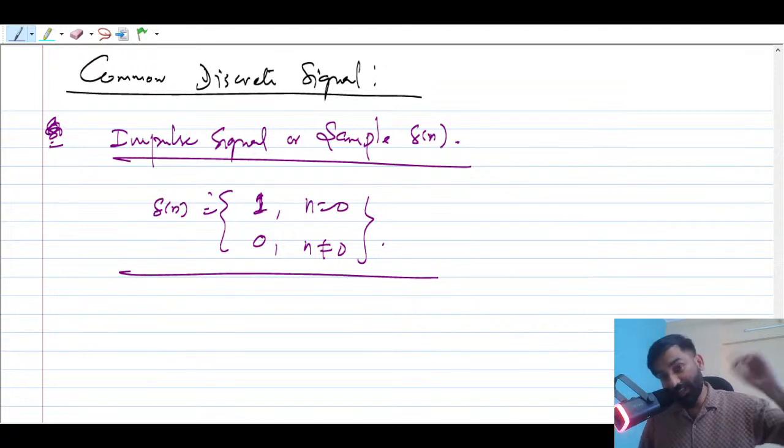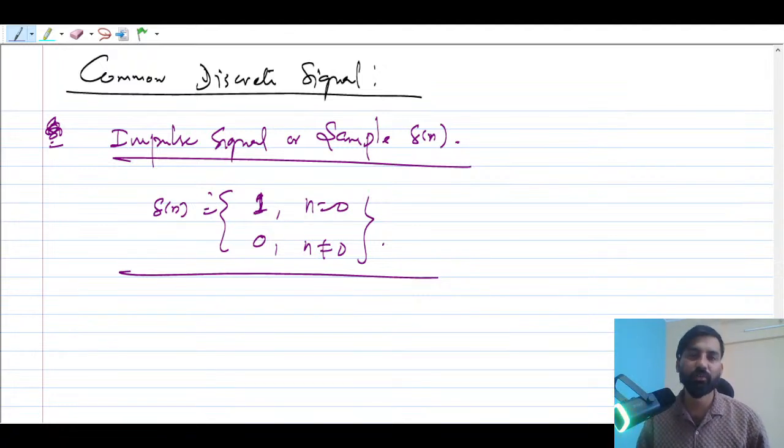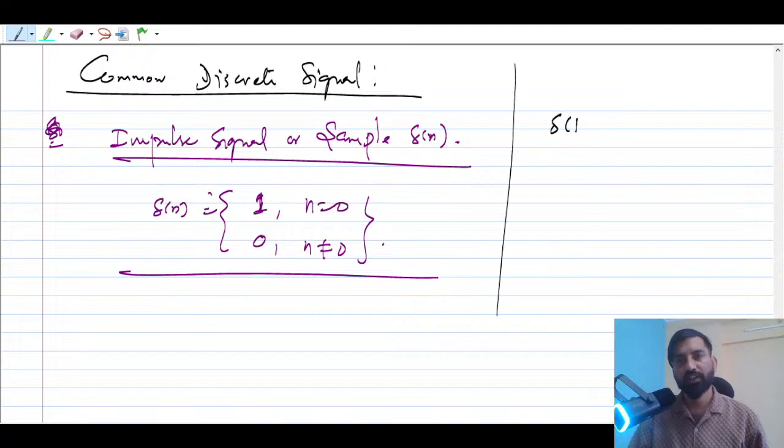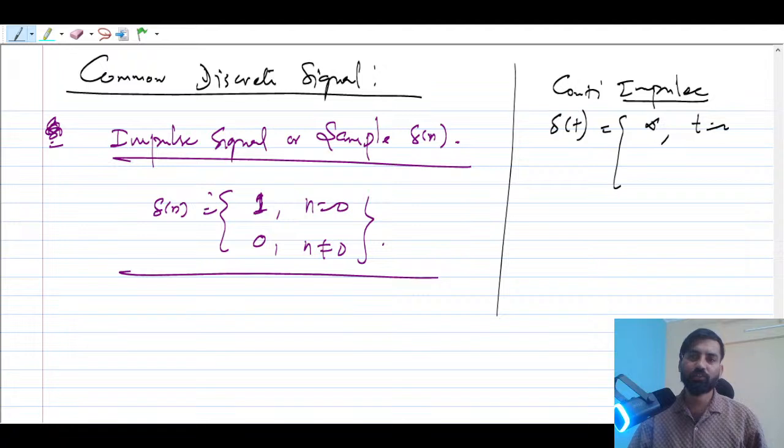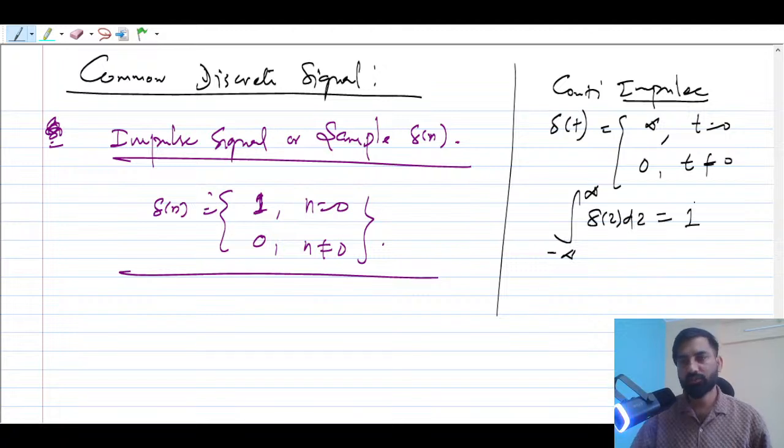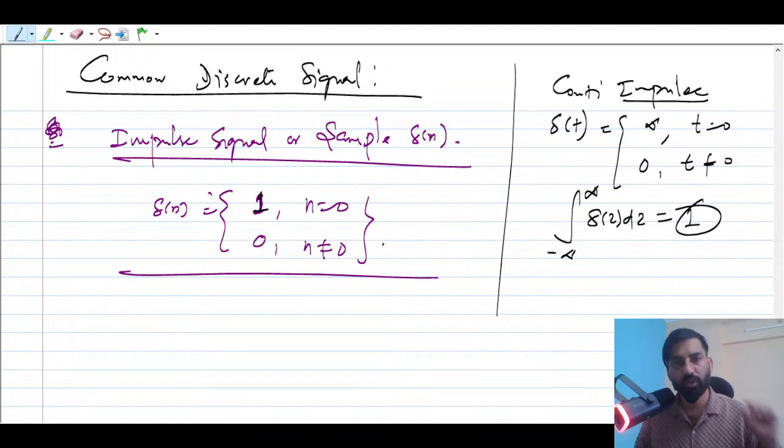In the case of continuous, if you recall, अगर आप continuous को recall करते हैं, what was the definition? Delta of t, the continuous impulse, is infinity at t equal to 0 and 0 for t not equal to 0, and the area under the impulse was 1, right? So this 1 was representing area in that case, but here this 1 represents the height of the sample. Fine, that is one point that you have to remember.